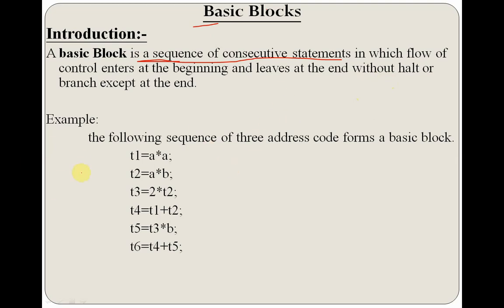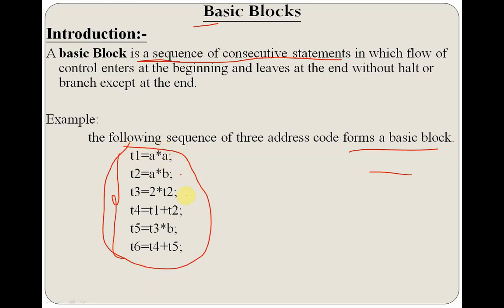See the example. This 3 address code is said to be one basic block, because in this 3 address code no jump instruction is given. Control enters into the first statement and passes to the next statement, and then the next, and so on.